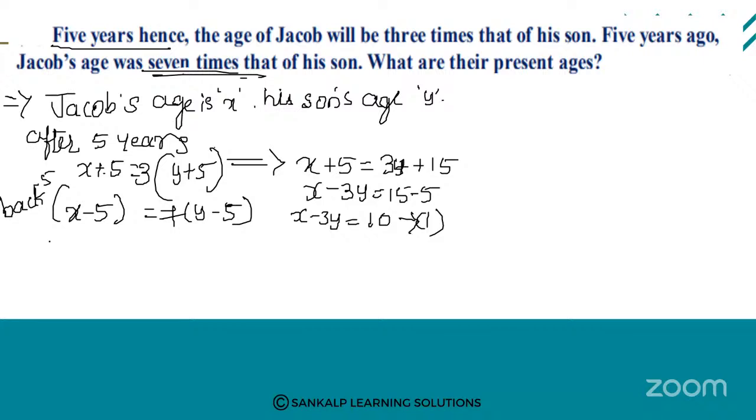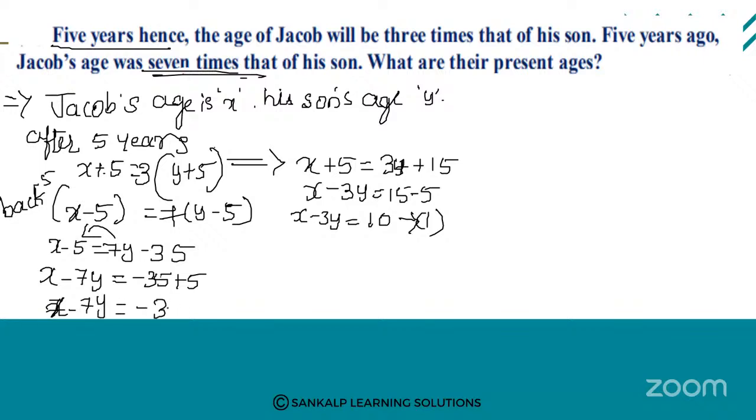Here, x minus 5 is equal to 7y minus 35. Transfer this 7y to this side, and transfer this 5 to this side. So x minus 7y is equal to minus 30 you will get. This is equation number 2.